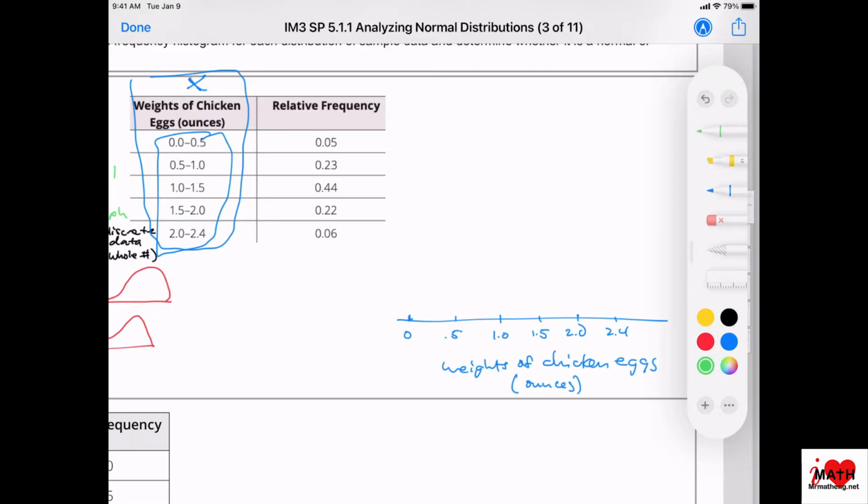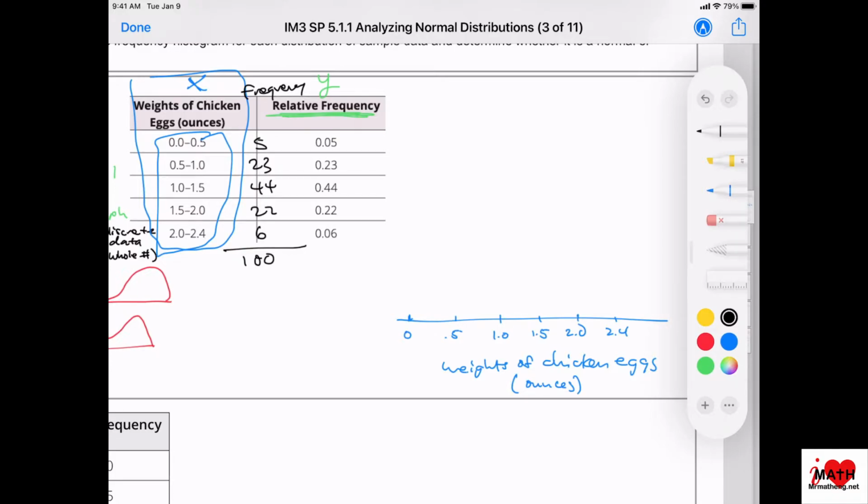Okay, so a relative frequency is now we've turned the fraction into a decimal. Now, in this example, I didn't give you the fraction, but let's say in between here is another tab called frequency. And maybe there's a total of 100 chicken eggs. So 5 out of 100 is 5%, 23, there are 44 eggs, 22, and 6 eggs.